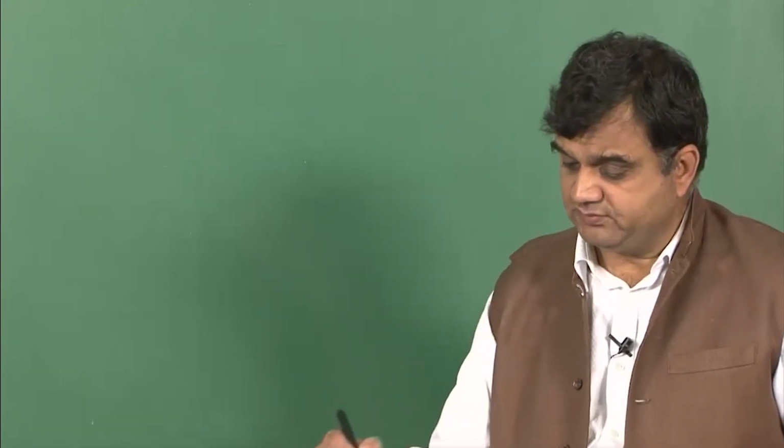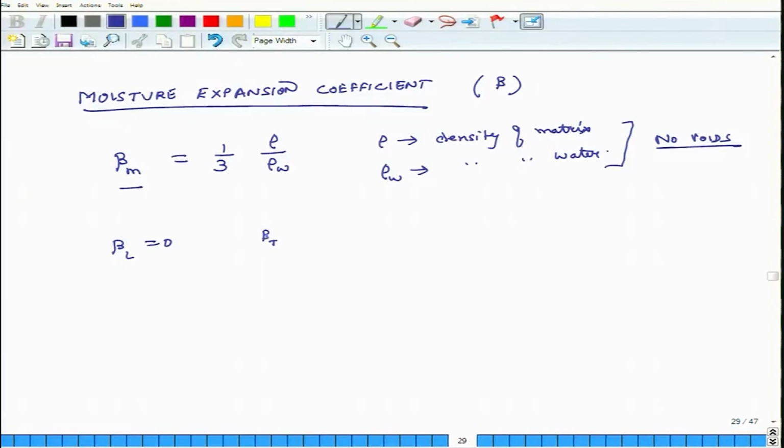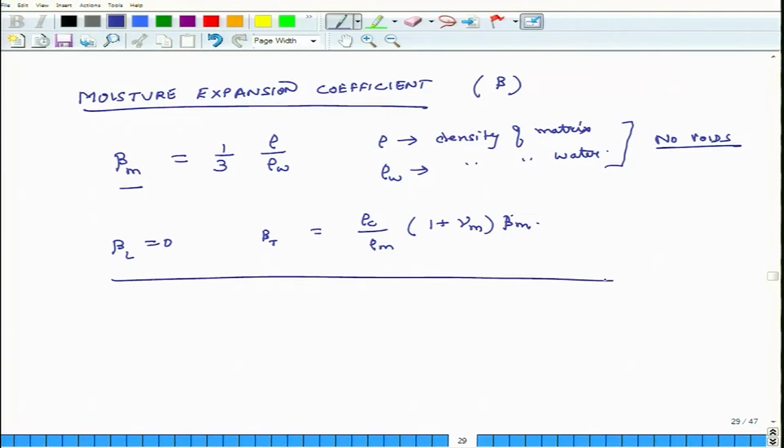So, this is approximately equal to 0, but the transverse value beta T is equal to density of the composite divided by density of matrix material after it has absorbed moisture, times (1 plus nu m), where nu m is the Poisson's ratio, times beta m. Okay. So, using this relation we can compute how much a composite expands when it absorbs moisture, as long as the composite is unidirectional in nature.